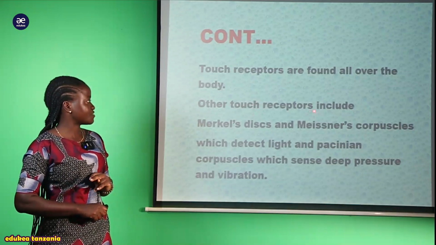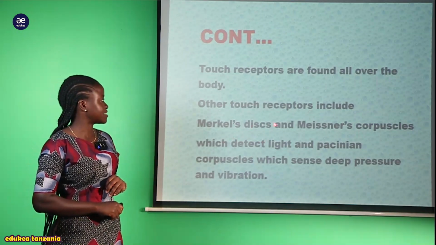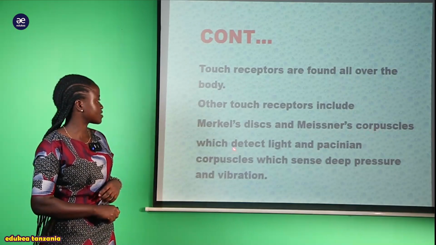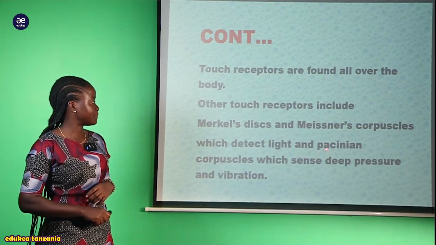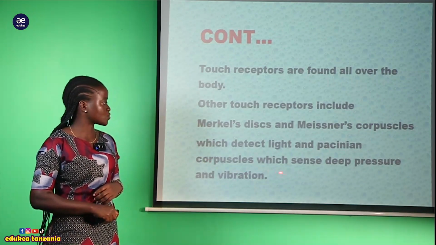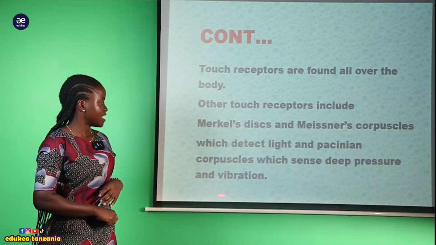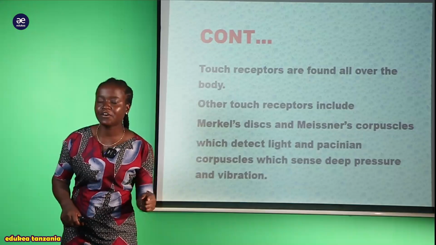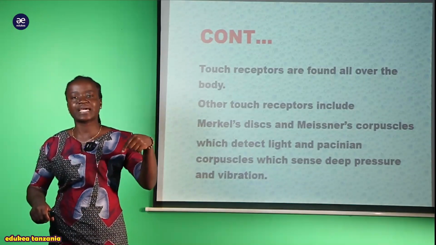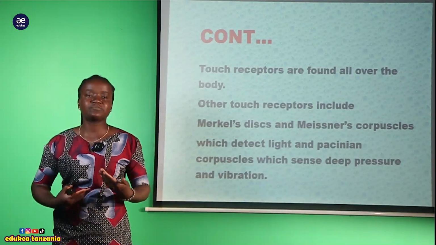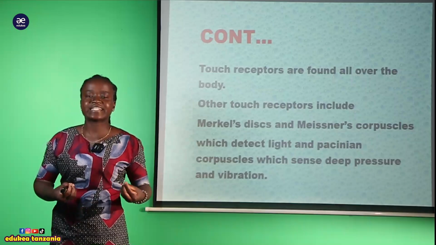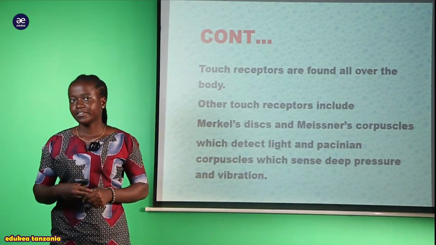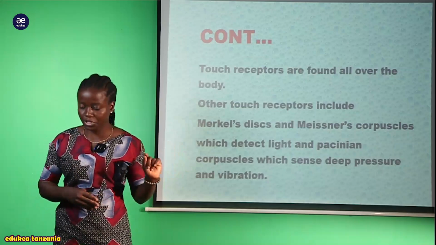Other touch receptors include the Merkel discs, and we have the Meissner's capsules which detect light touch, and Pacinian capsules which sense deep pressure and vibration. So hizi ambazo tumezitaja hapa ni kind of mechanoreceptors that help to facilitate detecting any changes that will occur within your skin. So that is all about the mechanoreceptor.